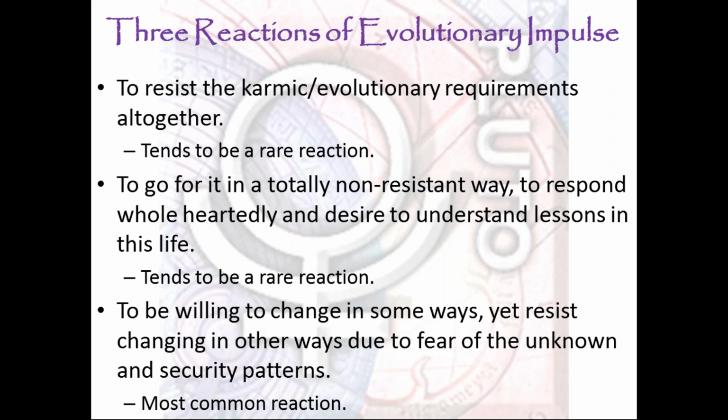By far, the most common reaction is to be willing to change in some ways and yet resist changing in other ways, either due to the fear of the unknown, we don't know what will come from it, or various security patterns that we have set up and that have become quite entrenched in our world.